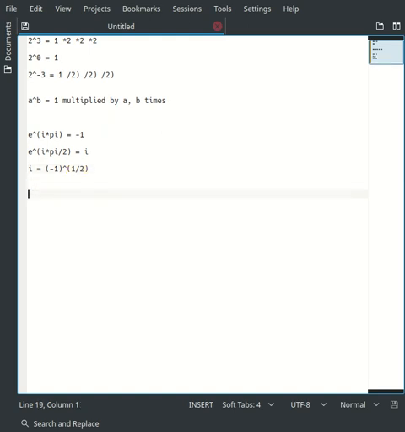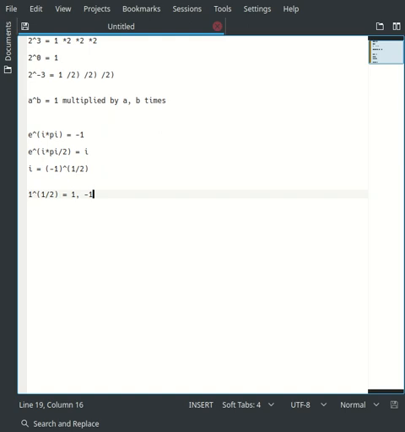Now, if we take this a little bit further, what if we just look at something like the square root of 1? We're familiar with 1 as a possible solution, and probably also familiar with -1 as a possible solution.